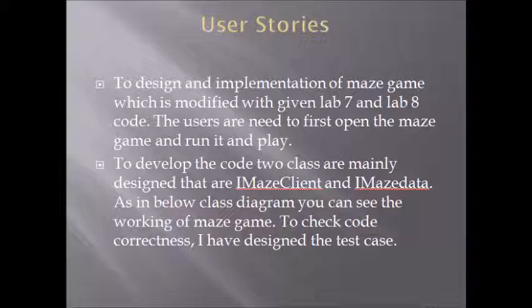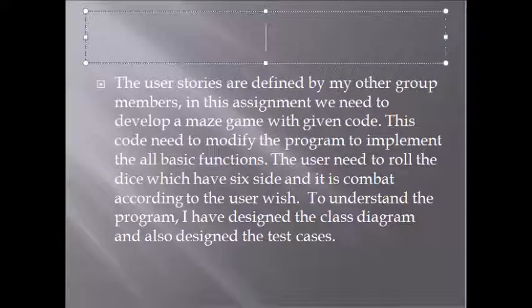The Mage game is running the code which was given in lab 7. To develop the code we use two classes, iMage client and iMage data. By using these classes we draw the class diagrams and also the sequence diagram.